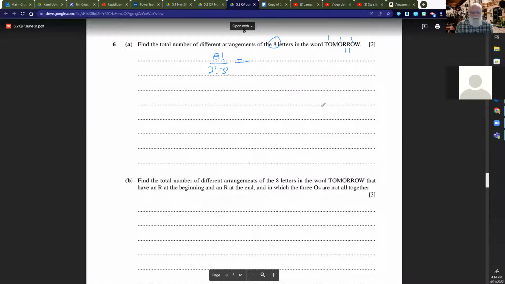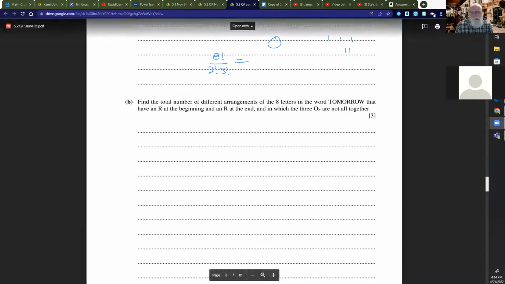Now, tell me about this next part then. They want to know the different arrangements of the 8 letters that have an R at the beginning and an R at the end, in which the 3 O's are not all together. First, we have how many letters? 8.